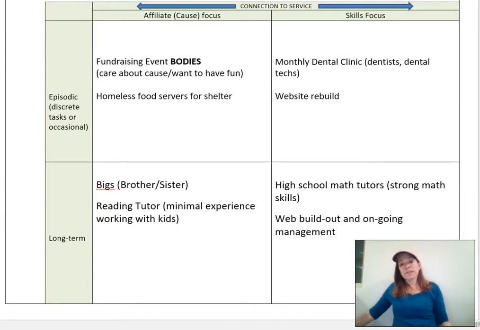Another thing about this is it shows you that you're going to have to recruit these people from someplace where dentists hang out. Probably there's a professional association for dentists and also for hygienists, and that's where you'll have to recruit. Compare that to where you're going to recruit bodies. You can go to Changemaker Central and get a bunch of students. You can go to Hands-On Phoenix and get a bunch of people who are interested by posting there.